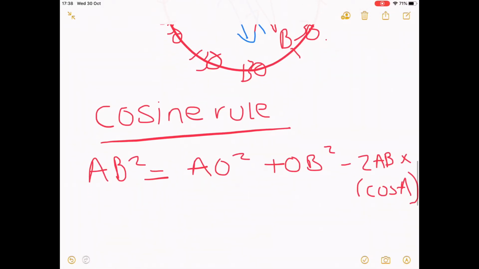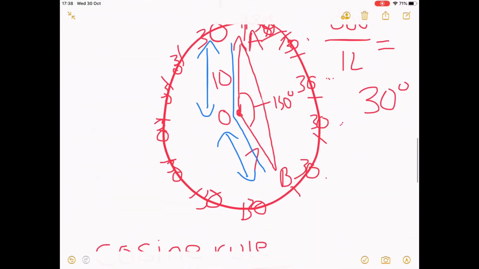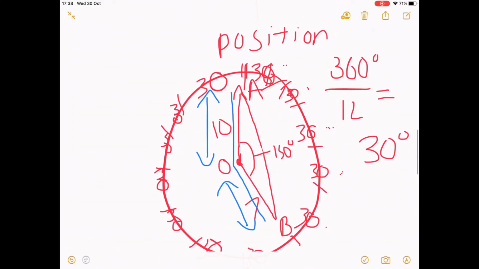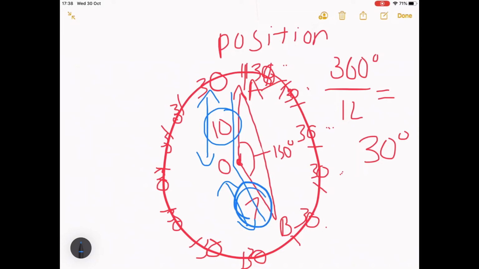And then we have minus 2AB. So 2AB would basically be the lengths of this, of A, and of here. So 2 times this length times that length, times cos of the angle, which is 150. We know the angle of the triangle is 150.